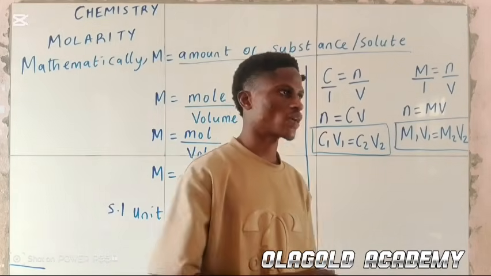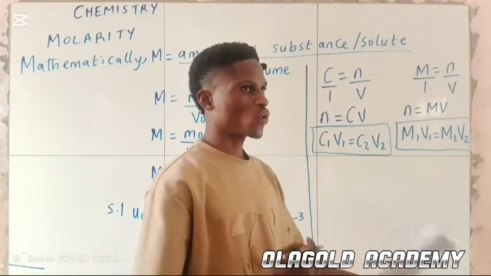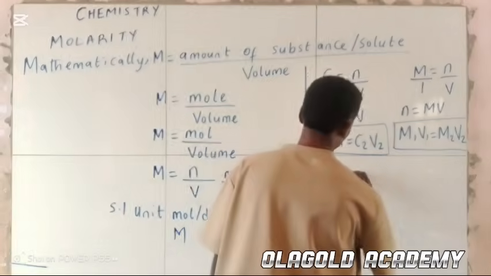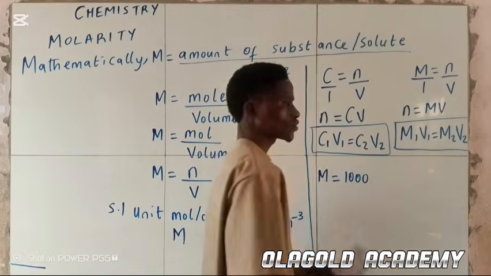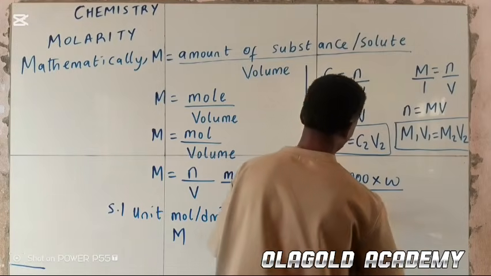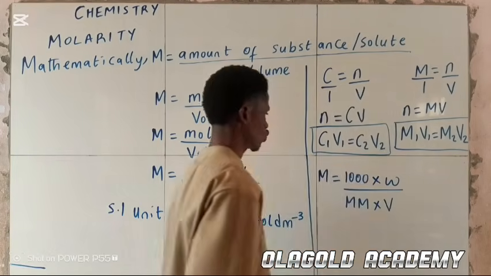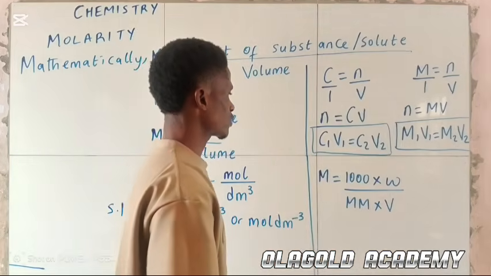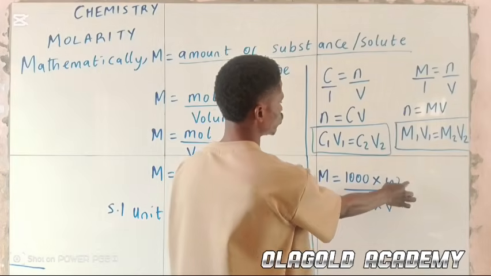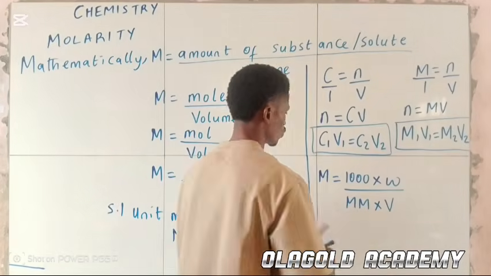The formula for molarity is also equal to 1000 times W over MM multiplied by V. So we can have this also as the formula for calculating molarity: 1000 times W over molar mass times V.